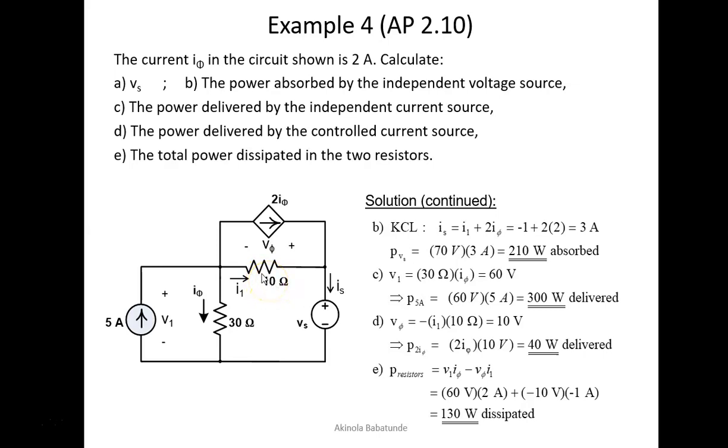All right, so the power here, as you can see, since current is coming this way from our closed path, the current is coming into this 10 ohms here, but the current I1 is going against the closed path that we have coming into this particular 10 ohms.